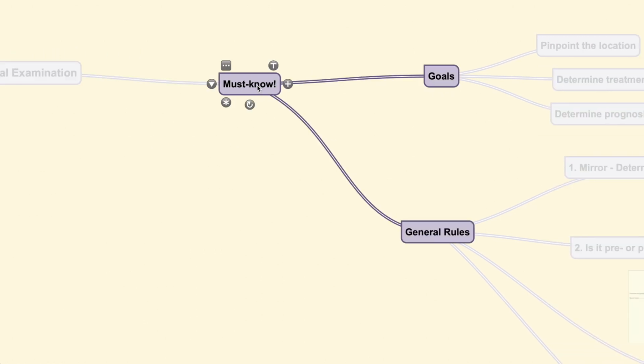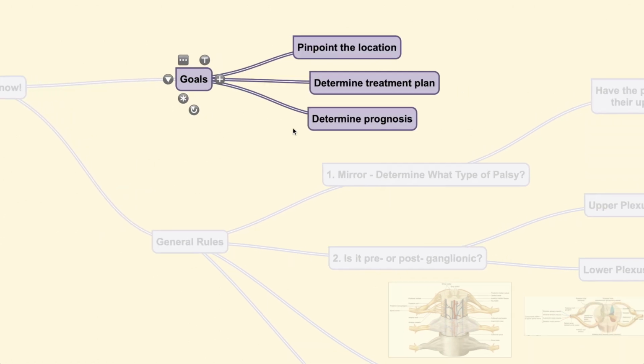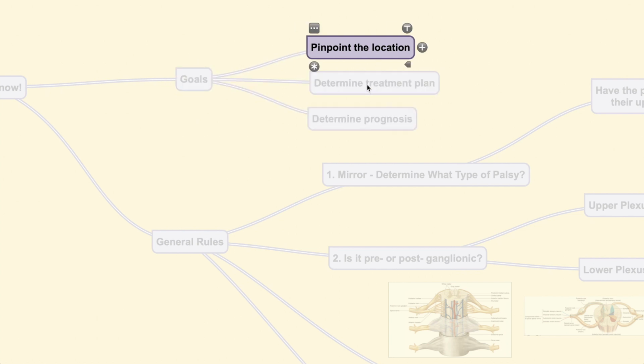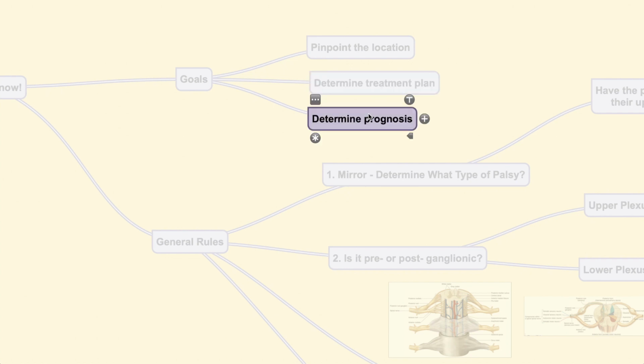So the must-know are the goals and the general rules of the physical exam. For the goals, you need to do a good physical exam because you would like to pinpoint the location of the lesion. You want to determine your treatment plan based on your findings, but at the same time, you also would like to determine the prognosis of your patient's condition.